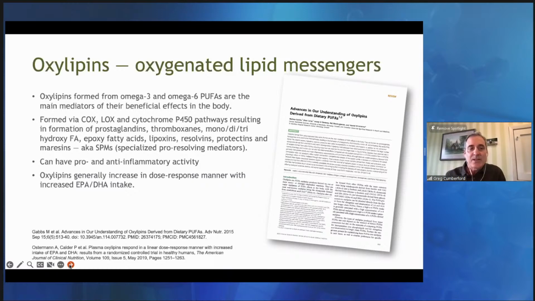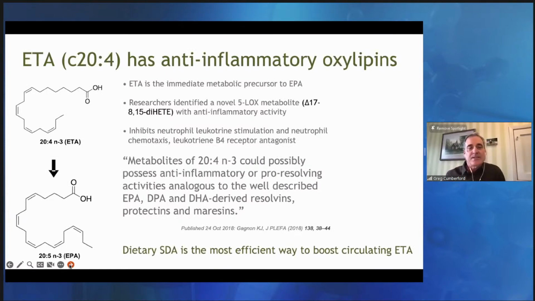The reason we bring this up is that although they have both pro and anti-inflammatory activity, they generally tend to increase in a dose-response manner with increased EPA and DHA intakes and/or status in the body. So one of them is this ETA, which is fairly newly recognized as a new oxylipin source.